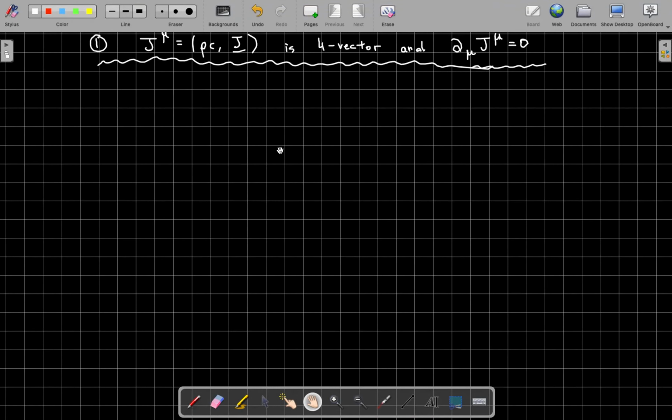More precisely, if you look at what Maxwell's equations read, right? Maxwell's equations are the following in free space, so I don't have to worry about materials and polarizations and stuff. They look like this.